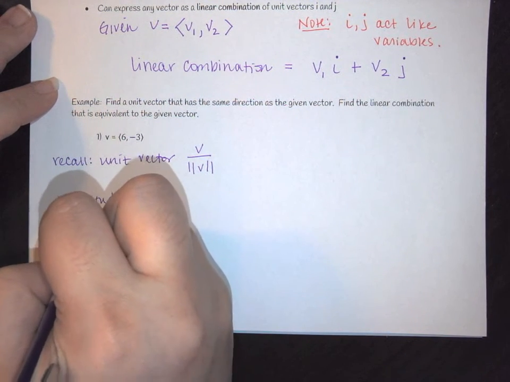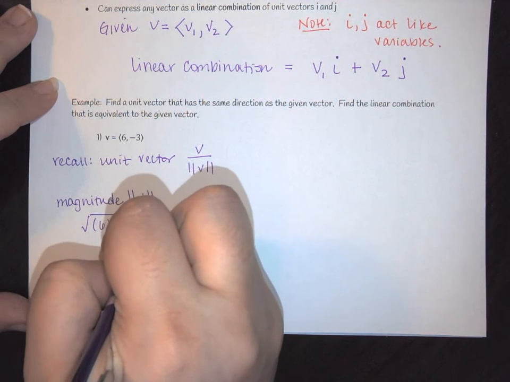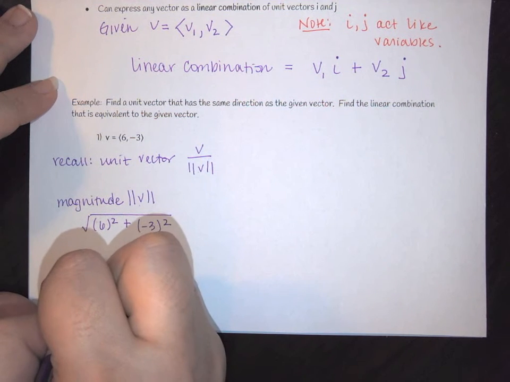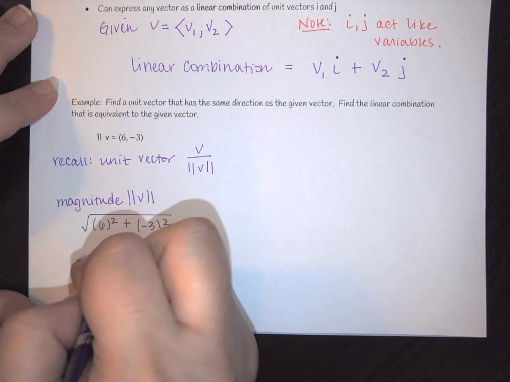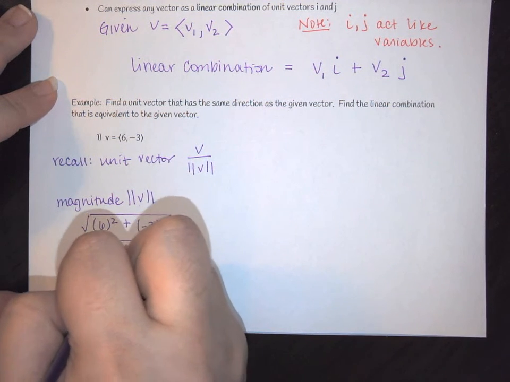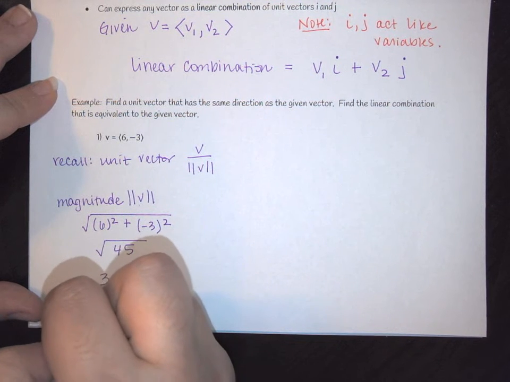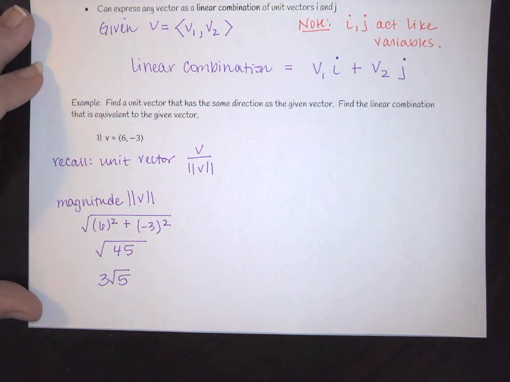So this is going to be 6 squared plus negative 3 squared. So we're going to go ahead and do the math. 6 squared is 36, negative 3 squared is 9, so 36 and 9 gives you 45, which we can simplify down to being 3 square roots of 5. Okay, so that is the magnitude.